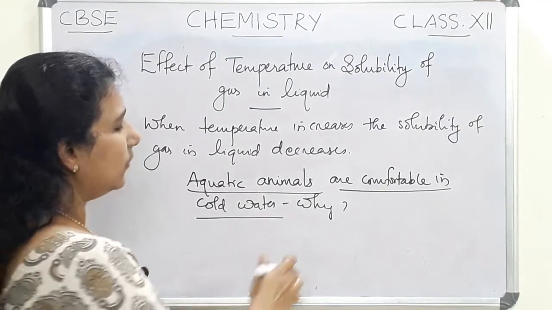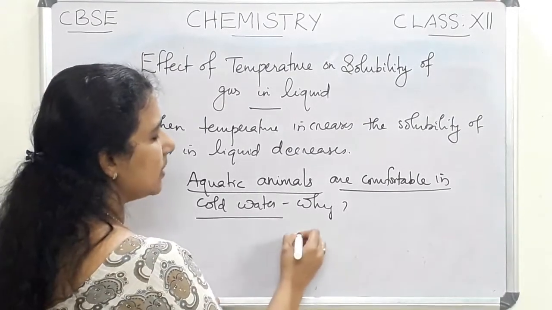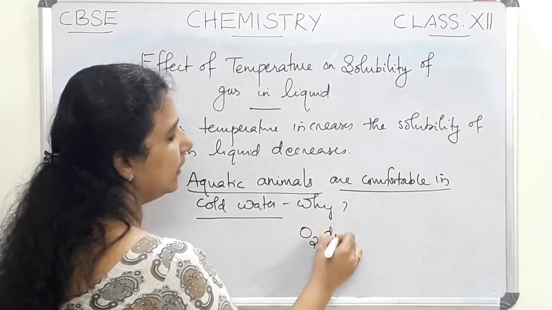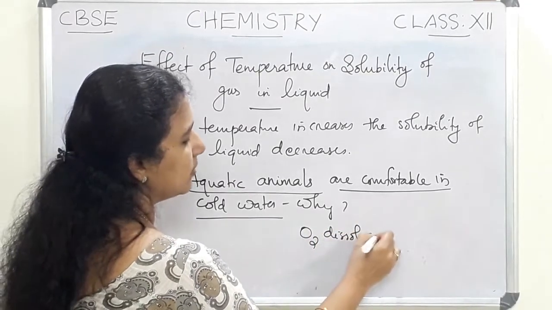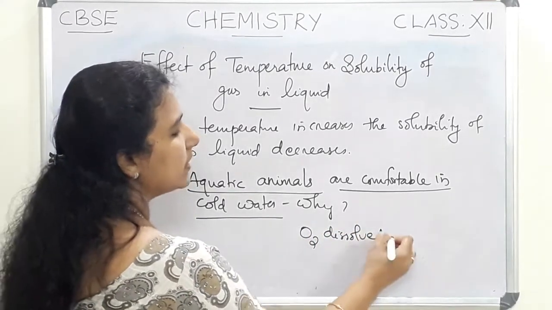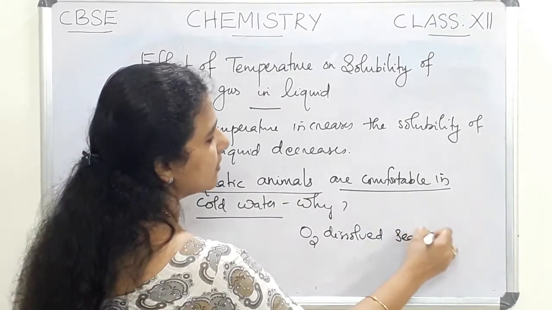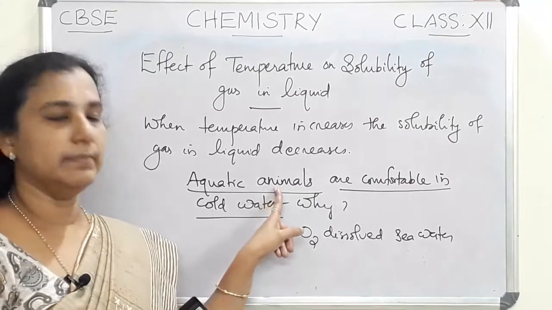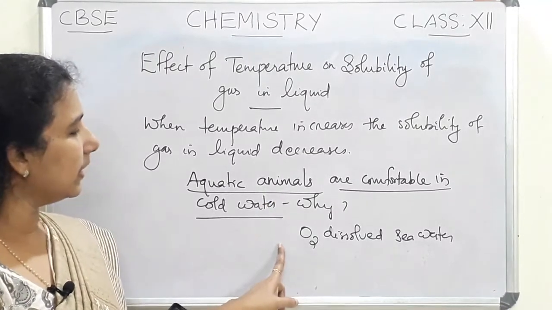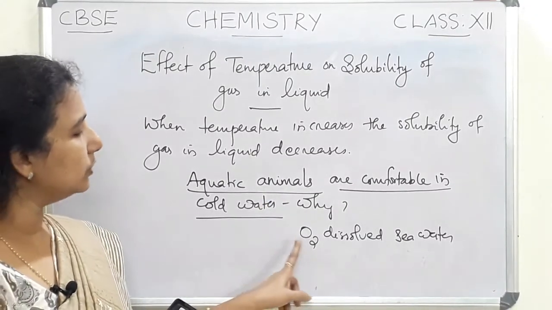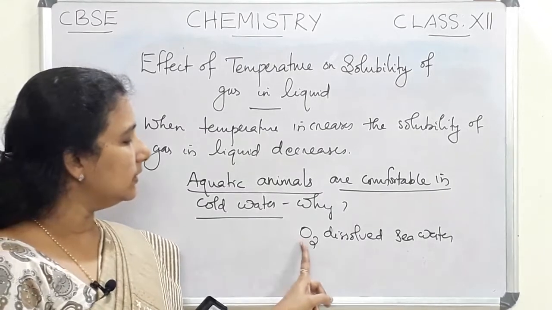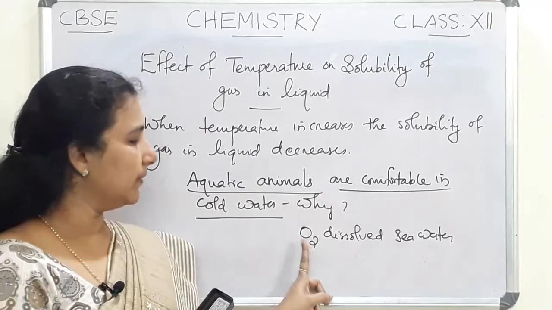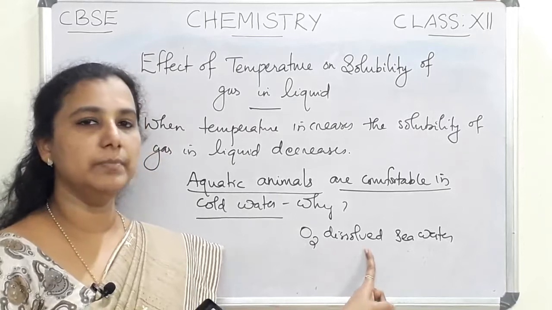We know that aquatic species use oxygen dissolved in sea water. So that oxygen is used by aquatic animals. When temperature increases, the amount of oxygen dissolved in the water will be less.